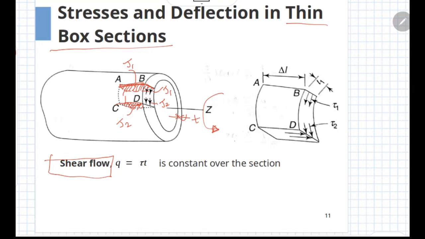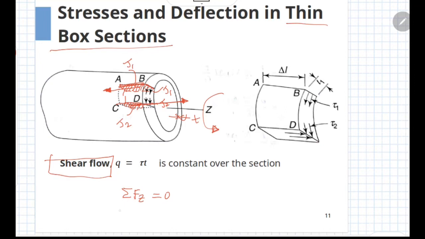Now for the equilibrium of this element which is bound by the edges AB and CD, the forces along z direction must be equal to 0. So we require sigma Fz equal to 0, which means that the force on edge AB because of the cross shear stress direction would be as shown here, and the force on CD face would be in the opposite direction by the nature of cross shears.